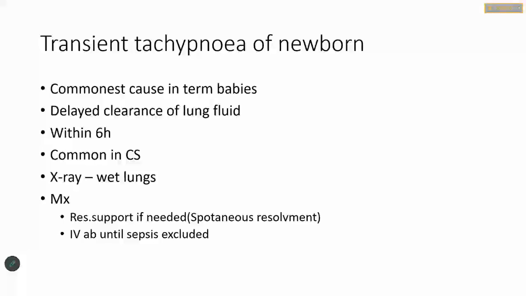So it will be only for a transient time. This is a condition we usually look for in a baby born at term by cesarean section. If you want to diagnose it properly, we know the condition because the child will be a term baby delivered via cesarean section.